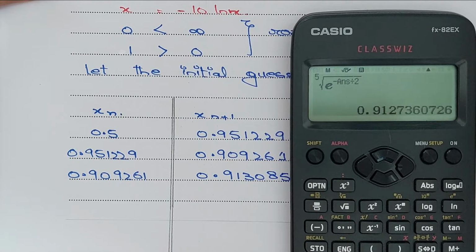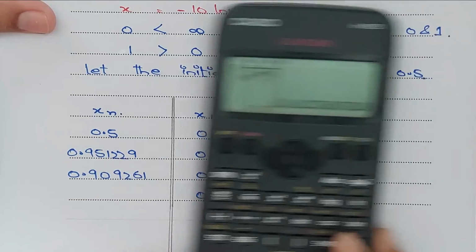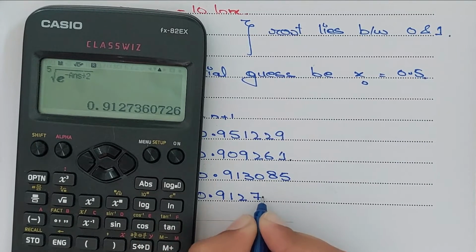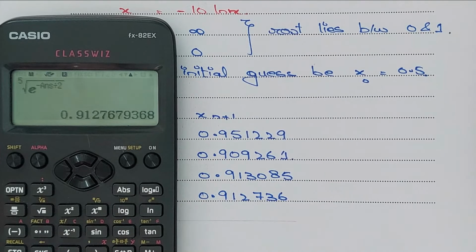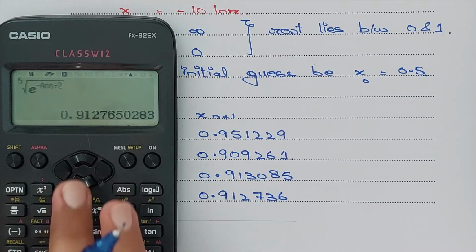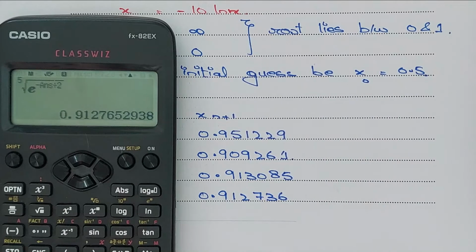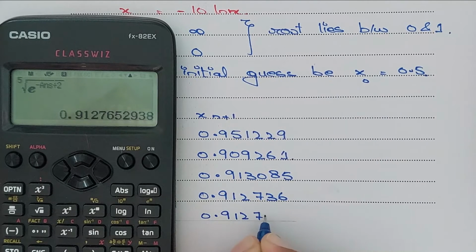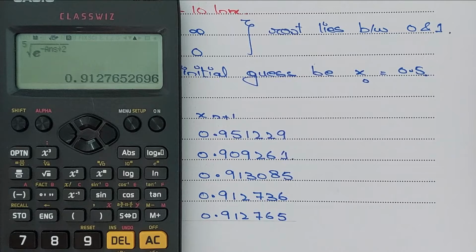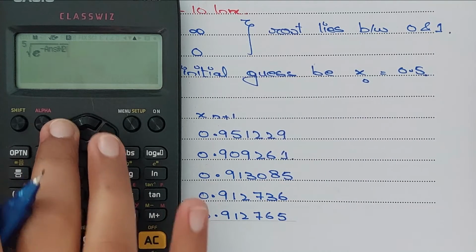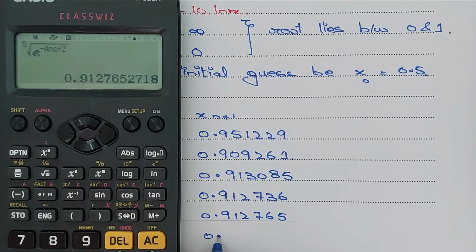And for the next one, we have 0.912736. And for the next iteration, we have 0.912765, and then 0.912765 again, and so on.